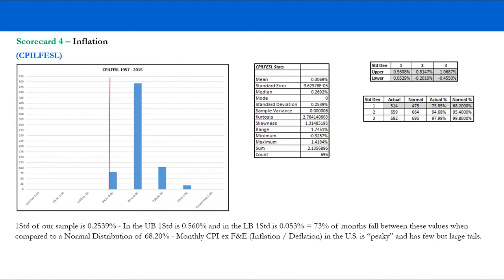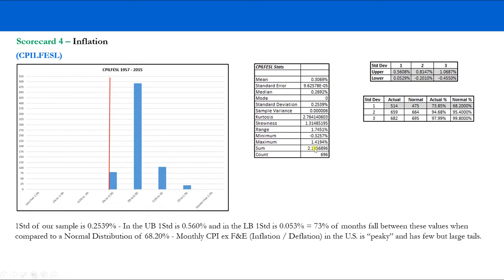And in the lower bound, where we're supposed to be experiencing a deflationary situation, it's actually positive. It comes in at 0.053%. And 73% of months fall between these values when compared to a normal distribution.